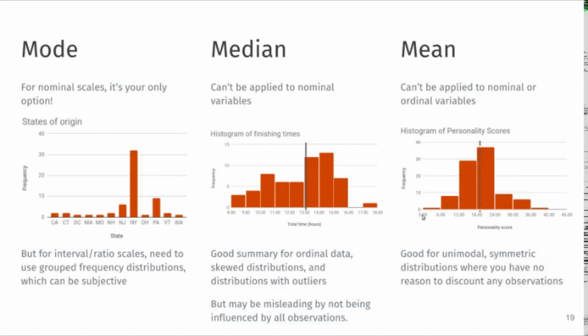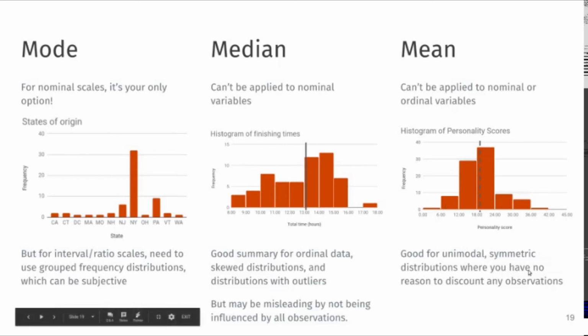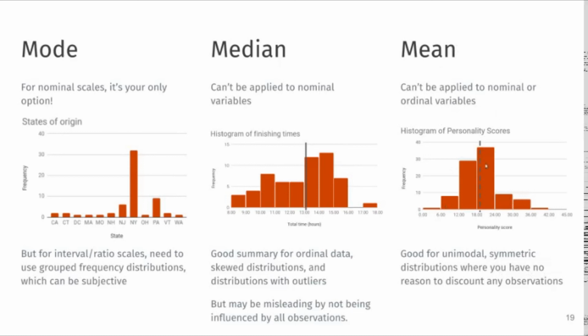Sure, you might have some people that are exceptionally low or exceptionally high, but they don't look like they're outside of the realm of possibility. So when you have no reason to discount any observation, you should usually report a mean, as long as, again, you're on an interval or ratio scale, because that incorporates information from every single observation that you've obtained.